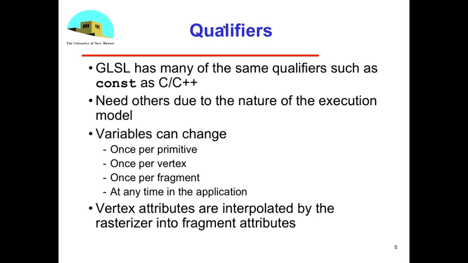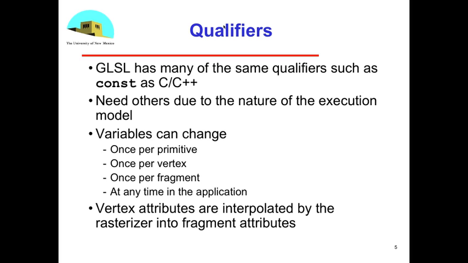If you're changing, say, a color, sometimes you want that color to apply to the entire primitive. Other times you want a separate color for each vertex, and many times you want a different color for each fragment. So the question is, how do we do that when functions can occur anytime within an application?